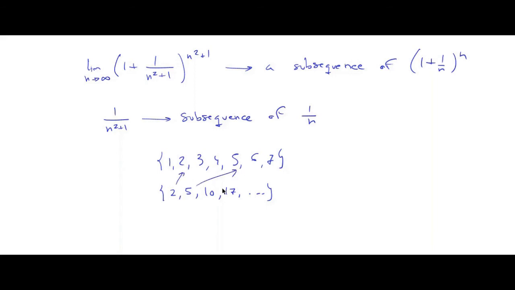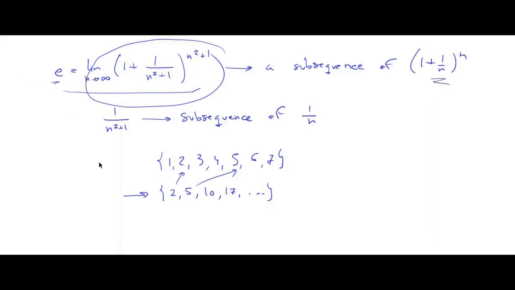So this is a subsequence, and we know that subsequences of a convergent sequence have the same limit, so the limit here is going to be the same as the original sequence. So the limit of this is e. And this is a general rule.